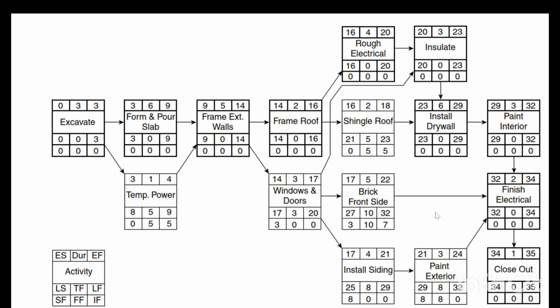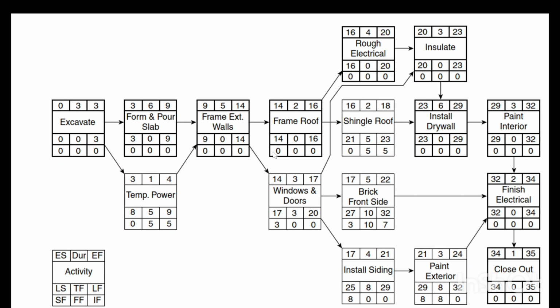But this is from the right-hand side only. Let's talk about the predecessor case. In the predecessor case, if you look at the windows and doors, what about the late finish? The definition of independent float is the amount of time an activity can be delayed without delaying the early start of any of its successors, or the latest finish date of any of its predecessors.